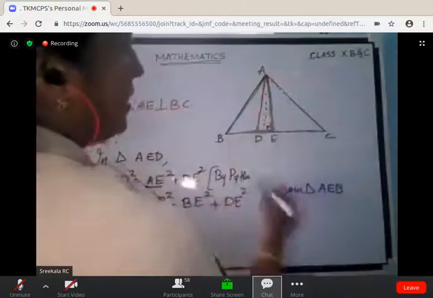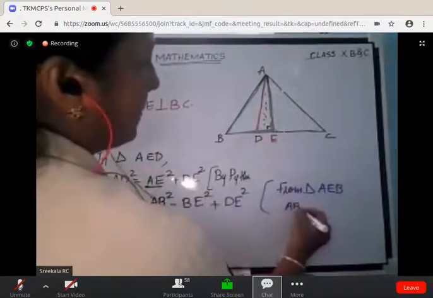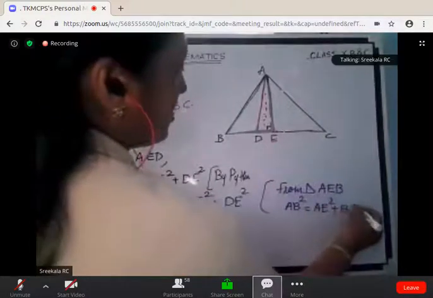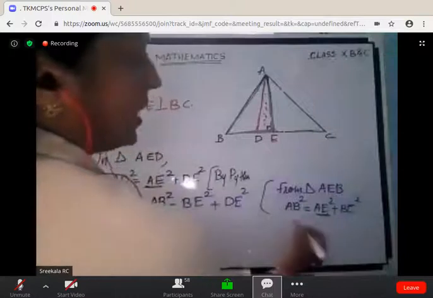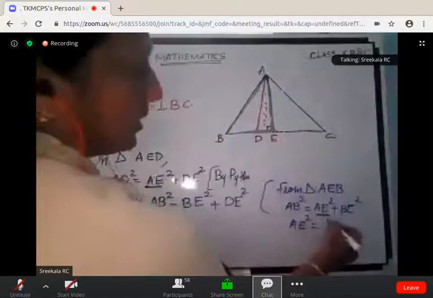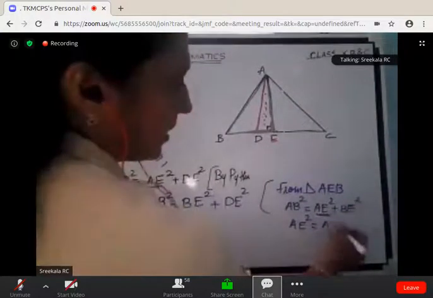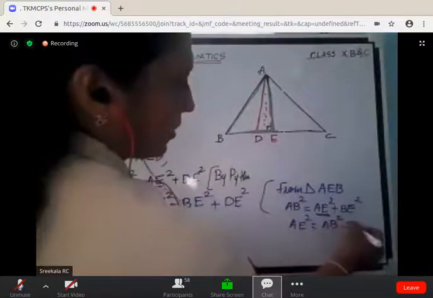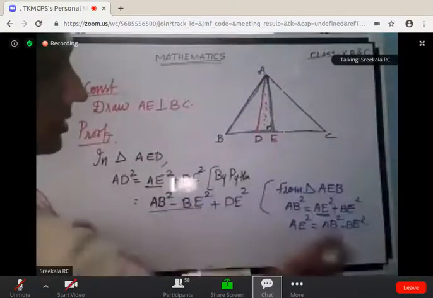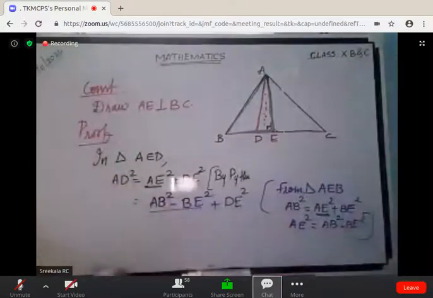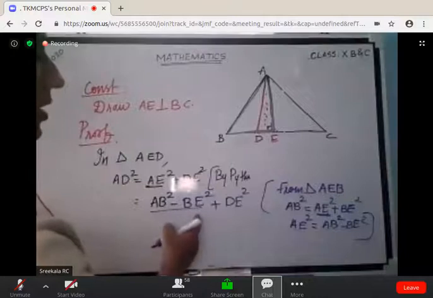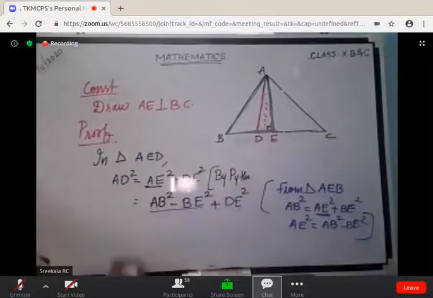From this right triangle AEB, we can write AB square, the hypotenuse square, equal to AE square plus BE square. So AE square equals AB square minus BE square. Then BE shifts to the other side, so AE square can be written as AB square minus BE square.